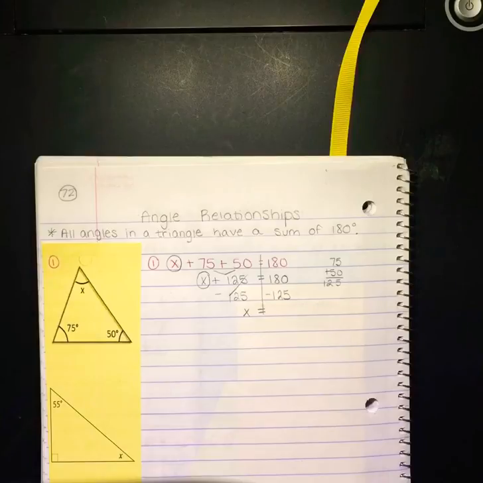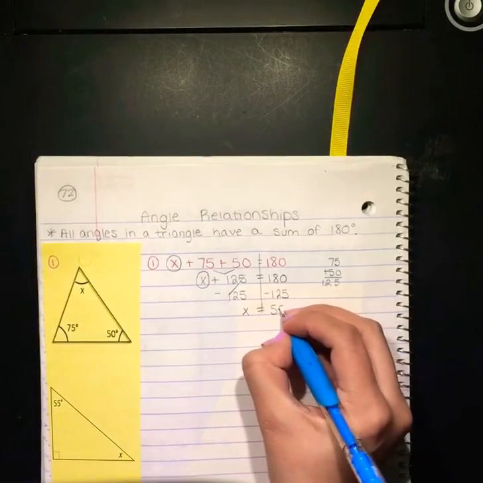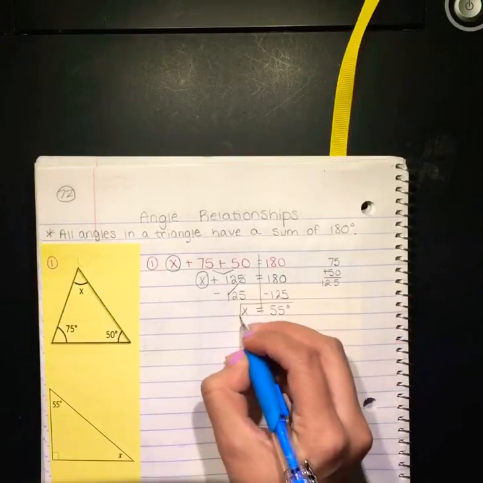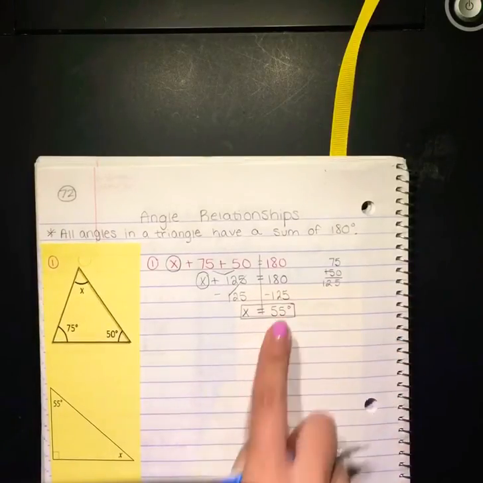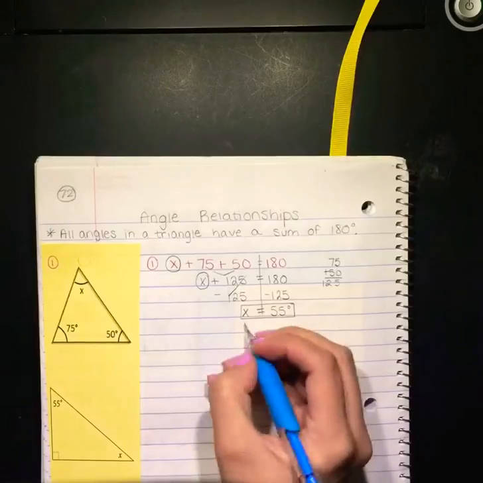And I'm going to use my stick to call on one person to tell us what the answer is. Is everybody ready? Matthew, what did you get for your answer? 55 degrees. Very good.